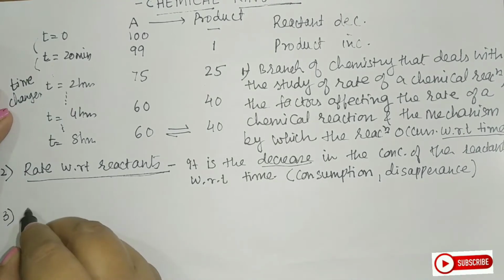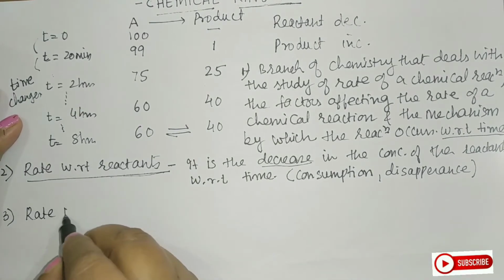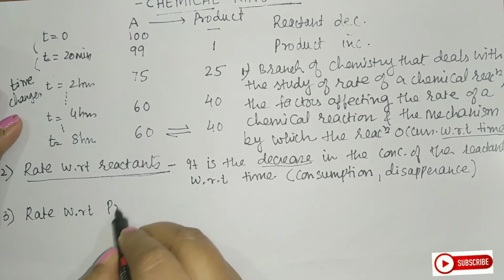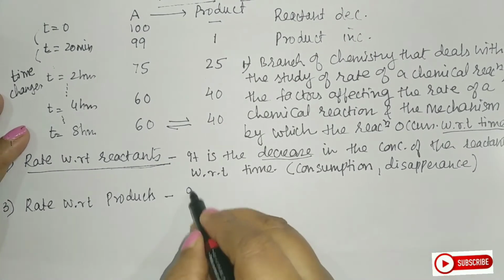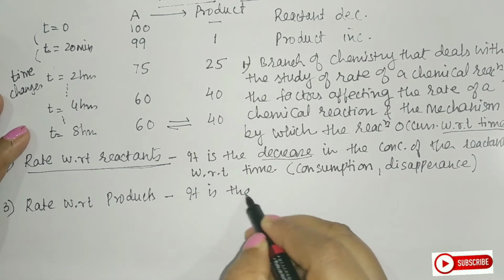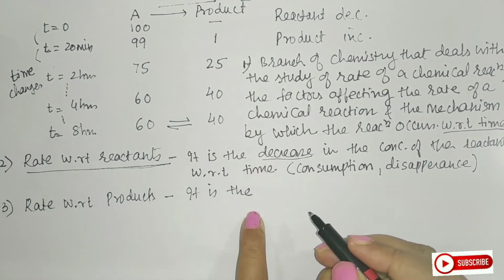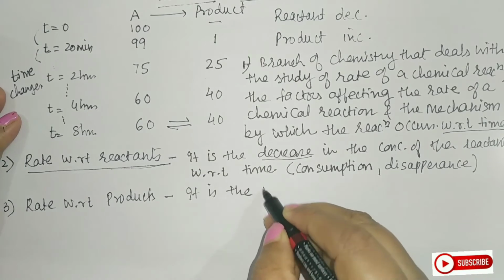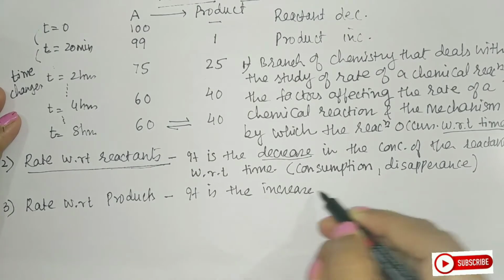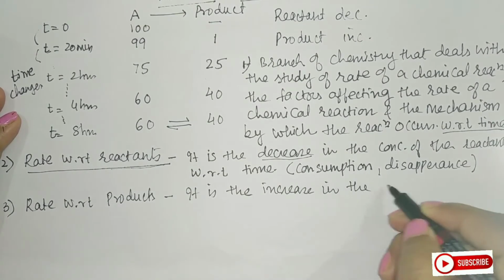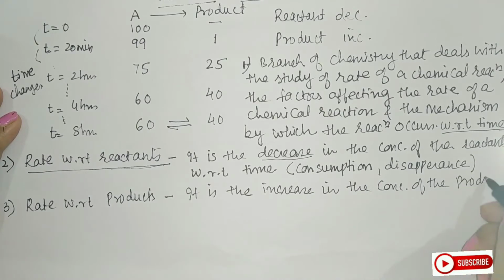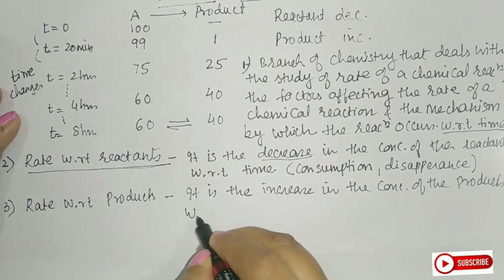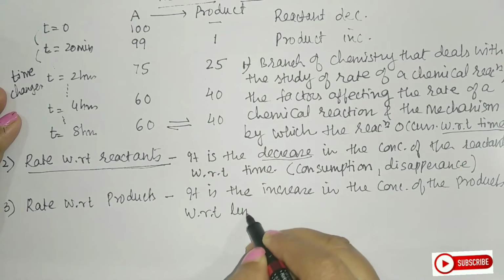Similarly, let us write what is rate with respect to products. So instead of decrease, they are increasing. So it is the increase in the concentration of the products with respect to time.